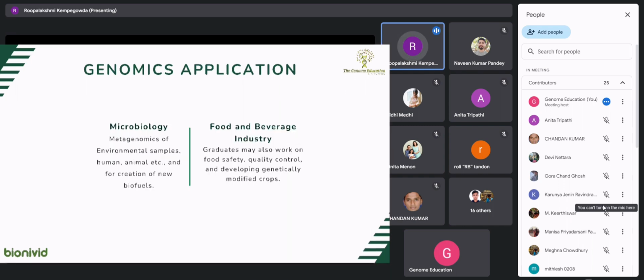In microbiology, as I discussed already, with environmental samples, human, animal, and for biofuels. In the case of the human microbiome, when I do human microbe genome sequencing, it promises to cure many diseases and identify disorders also. In the animal microbiome, it helps to improve livestock health.